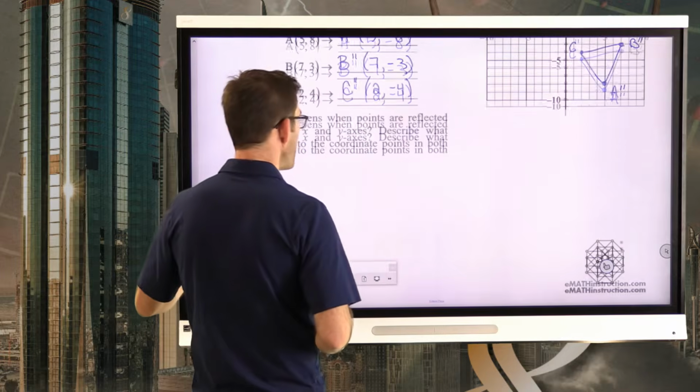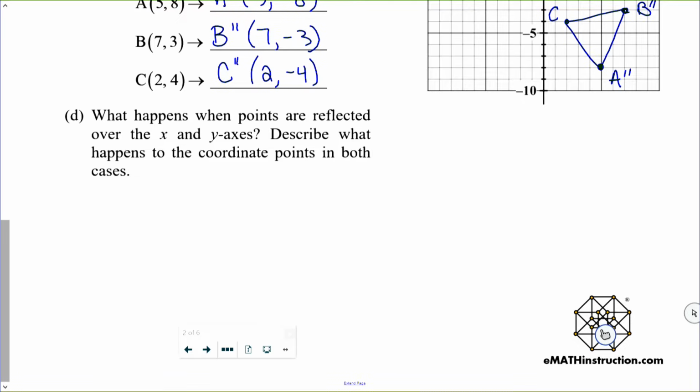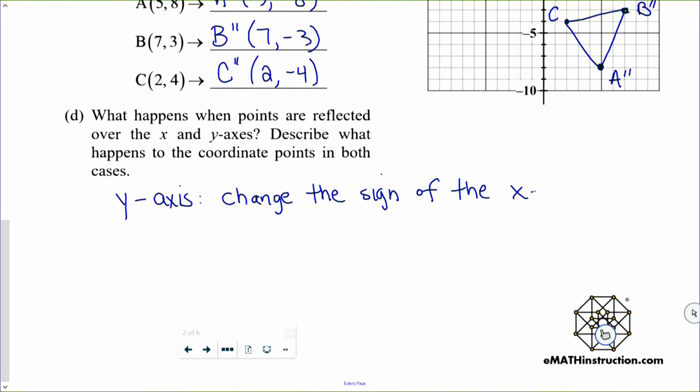So we can really summarize this by saying, in terms of the y-axis, we are going to change the sign of the x-coordinate.